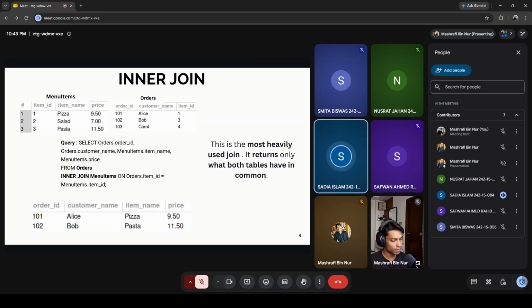The query matches the item ID from the orders table with the item ID from the menu items table. As a result, we get information such as the order ID, customer name, item name, and price. So, in simple words, inner join gives us only the common data between two tables. Next slide.